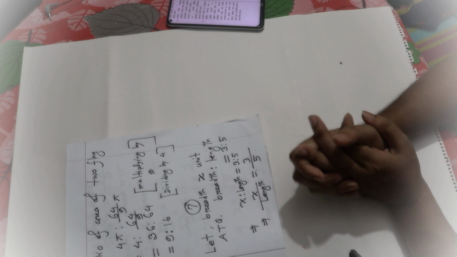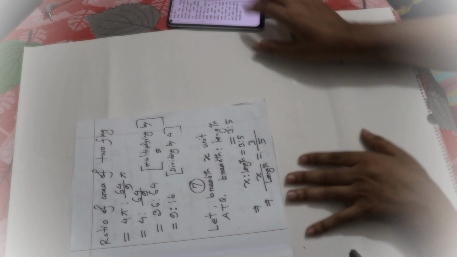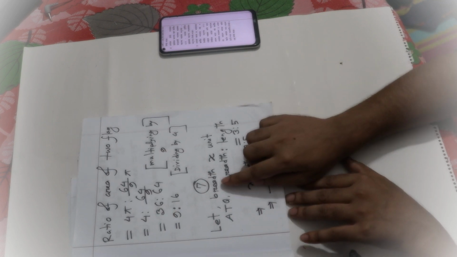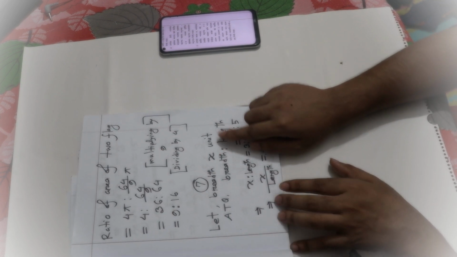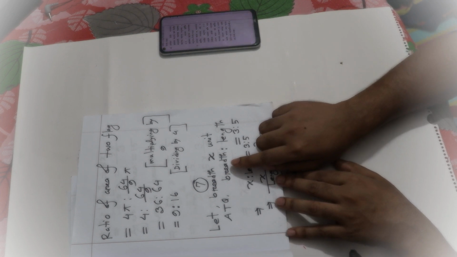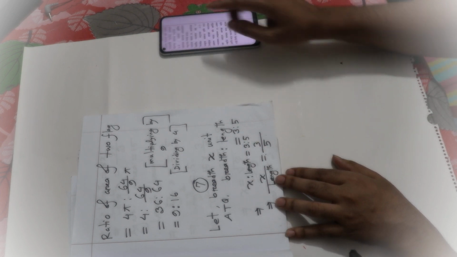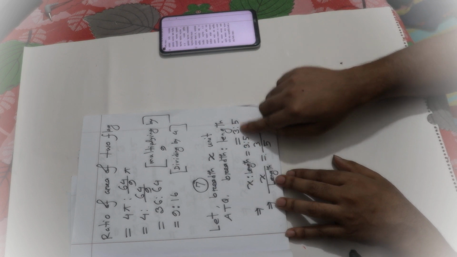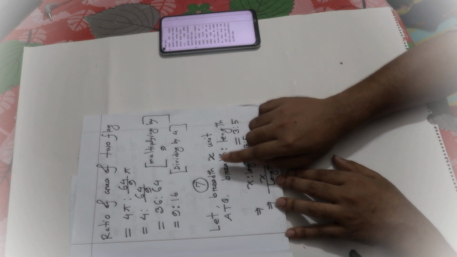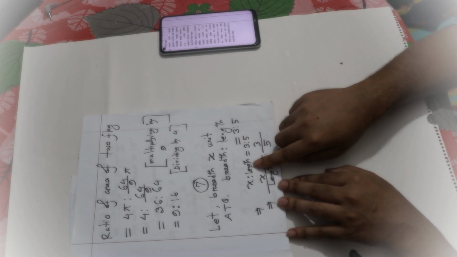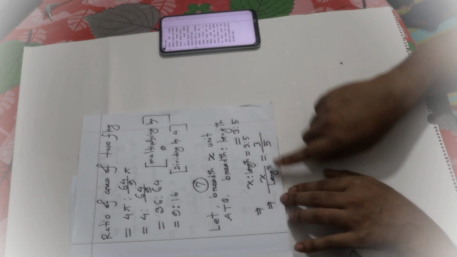Breadth is an unknown quantity. This means I consider breadth x unit. So we know, and it is given in question number 7, breadth ratio length equals 3:5. I consider breadth x. So x ratio length equals 3:5.